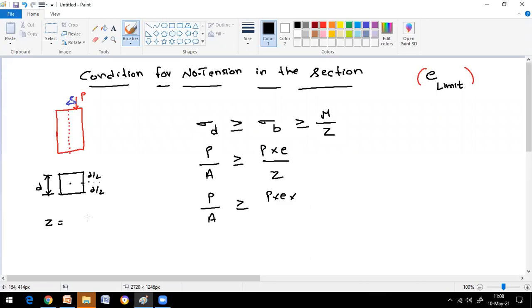What is Z here? Z is I by Y. What is Y here? Y is d by 2.